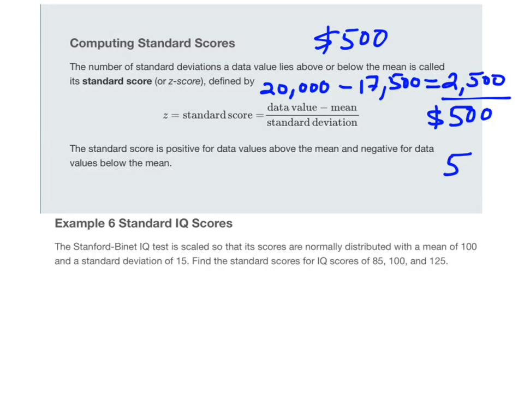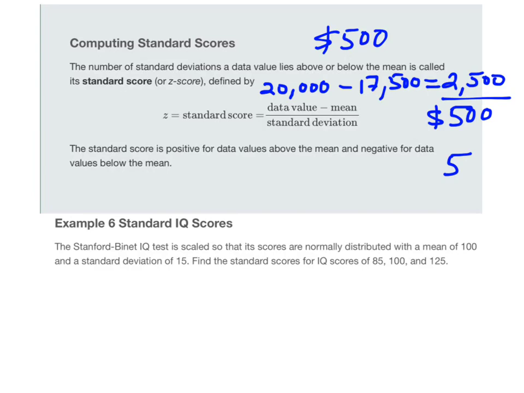So let's look at another example. The Stanford-Binet IQ test is scaled so that its scores are normally distributed with a mean of 100 and a standard deviation of 15. All right, let's find the standard scores or z-scores for the IQ scores, which are on a different scale, 85, 100, and 125.